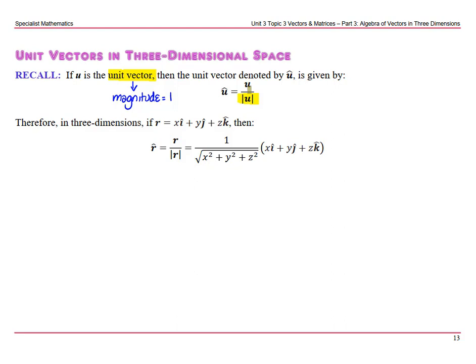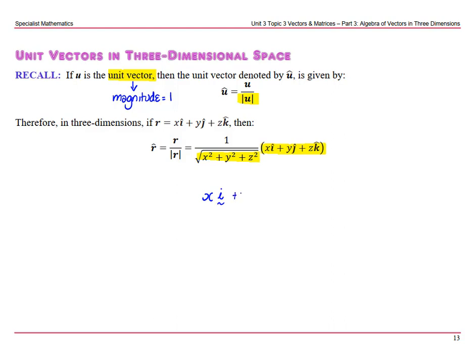So if we're looking at 3 dimensions, when r is xi plus yj plus zk, our unit vector r is going to be r over the magnitude of r, which can be denoted by, here is our r, and it's being multiplied by 1 over the magnitude of r. So you can just think about it instead of that way.